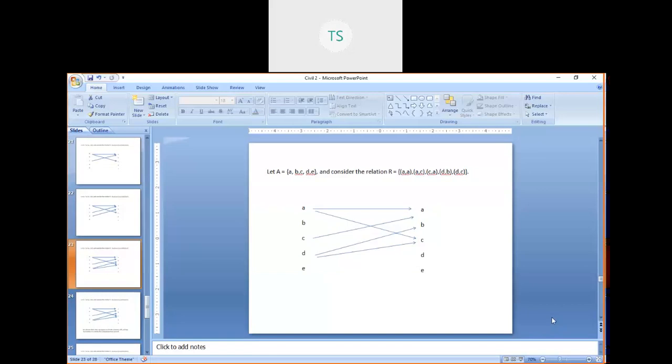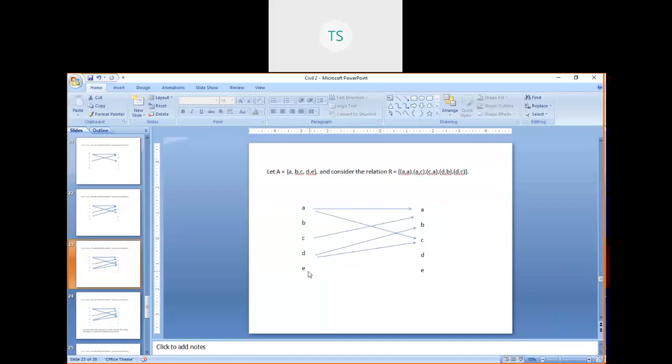Now see, if you notice this diagram, B is not related to any other element, because from B we have no relation, so that's why from B we have not drawn any arrow. B is without any arrow. Similarly, E is also without any arrow.